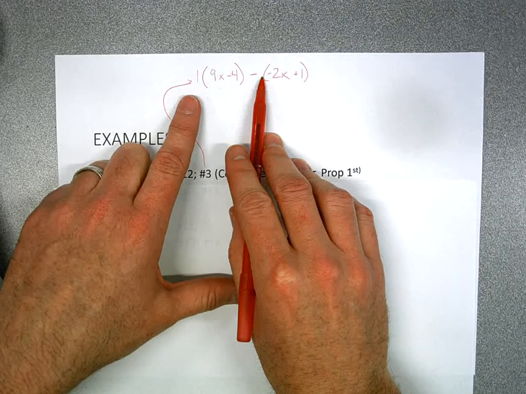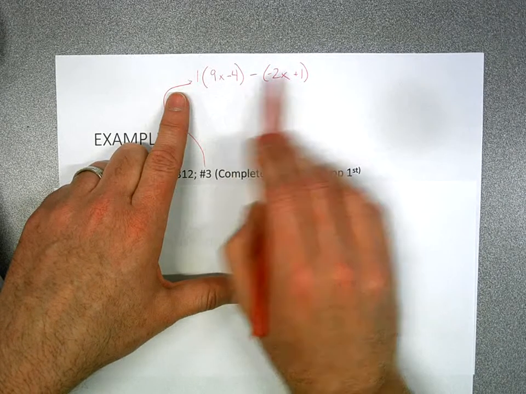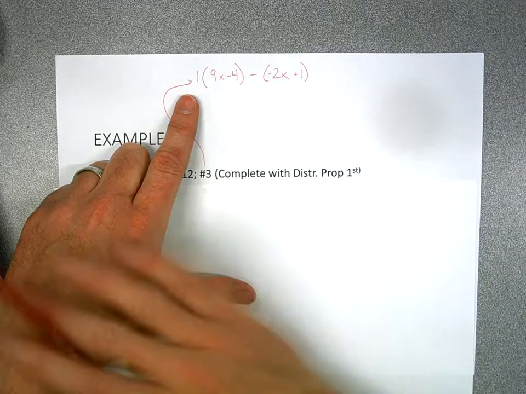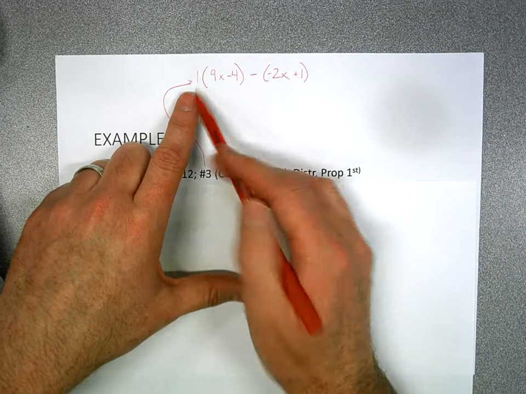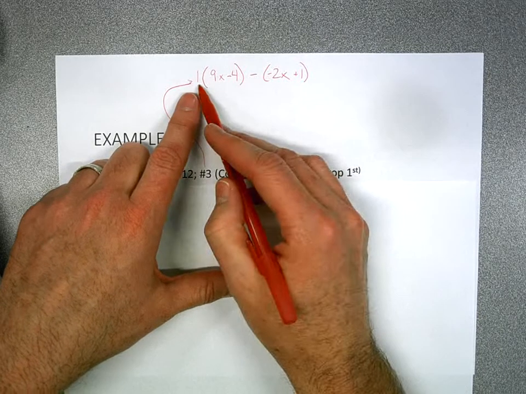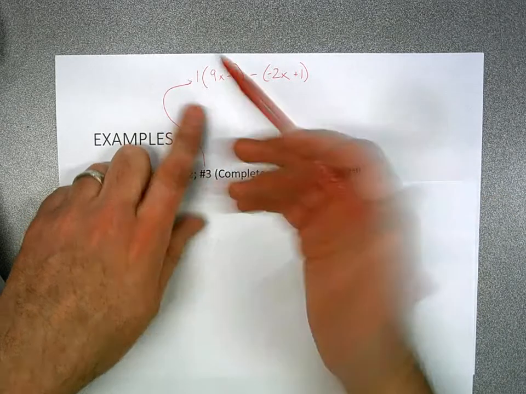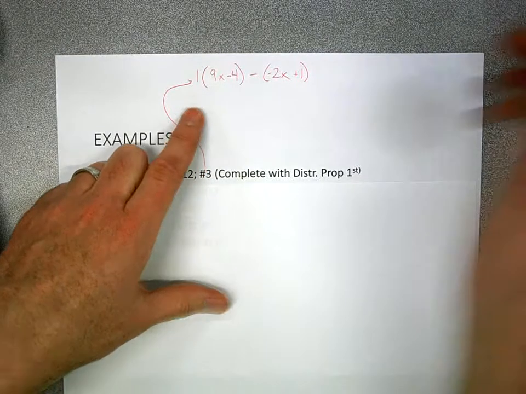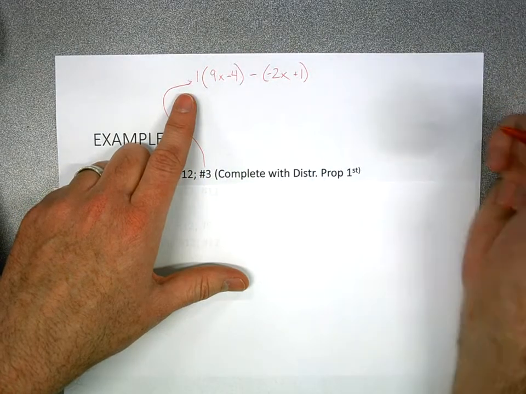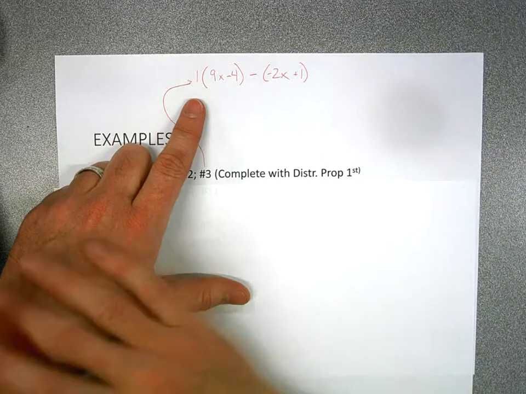And value-wise, if a 1 is on the outside, you're going to multiply that with both terms on the inside. We now know, as 7th graders, that if you multiply anything by a positive 1, you get the same thing. So what that allowed us to do yesterday was basically drop the parentheses, ignore the parentheses.